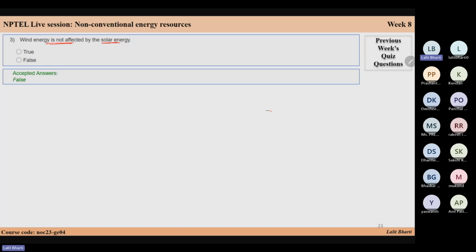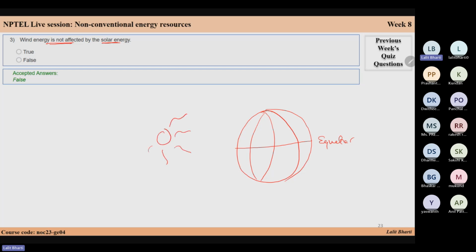So this is the equator, this is your sun. You might have seen this kind of diagram in a previous class.